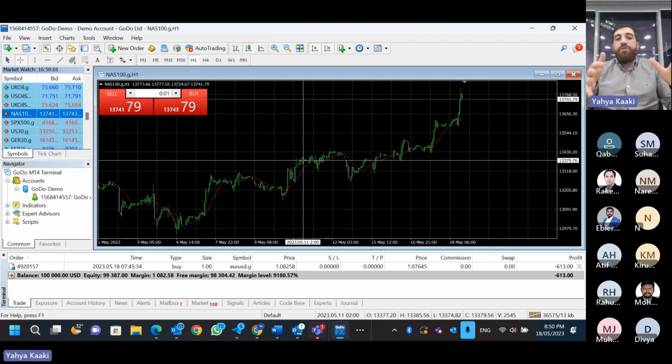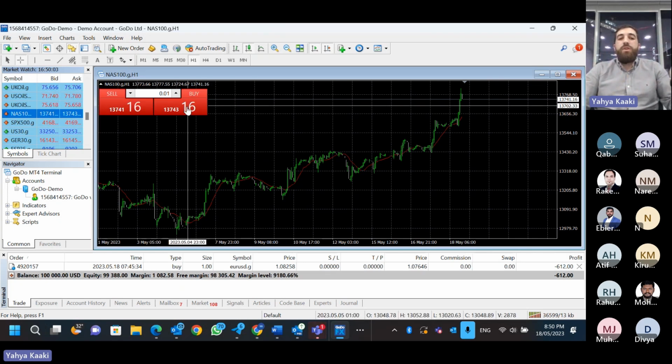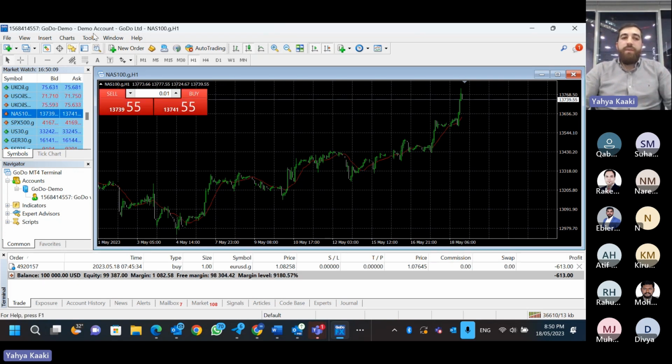The margin is the amount I used, or consumed, from my account in order to open this position, which is this one. Now the free margin: how much money do I still have in order to open more positions?